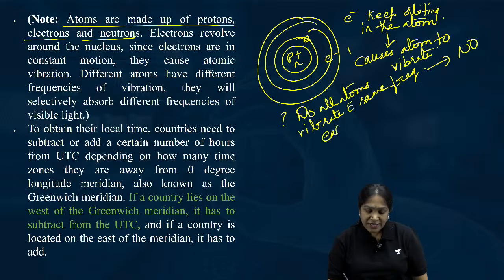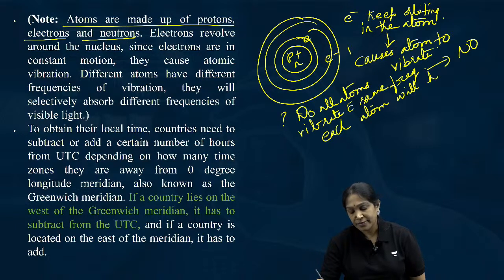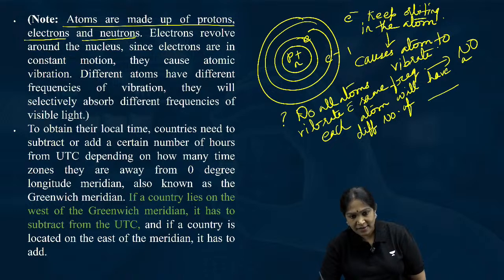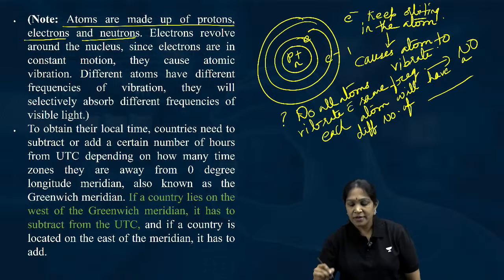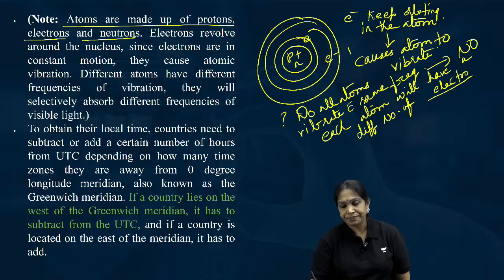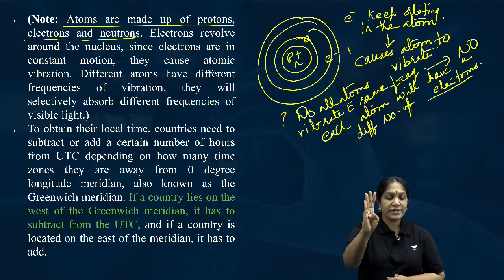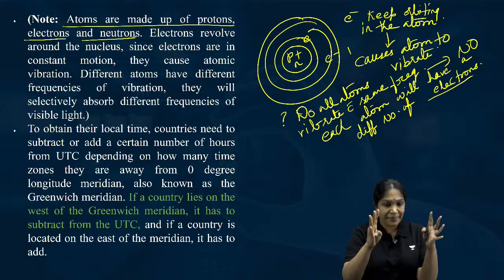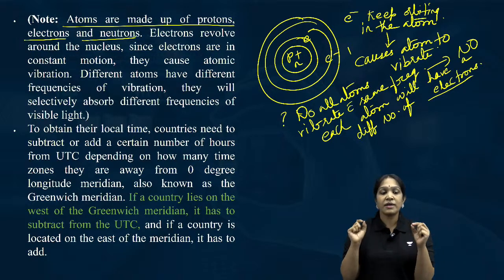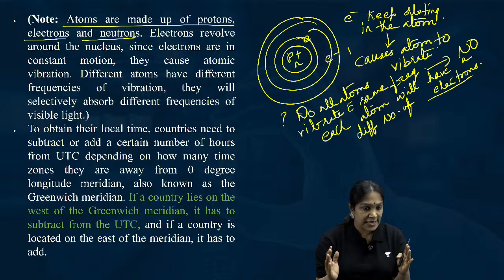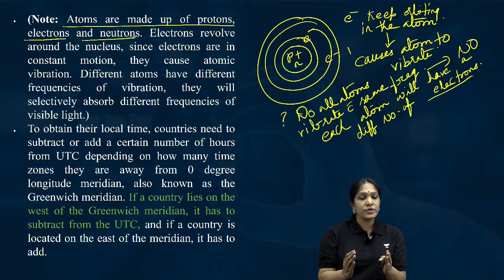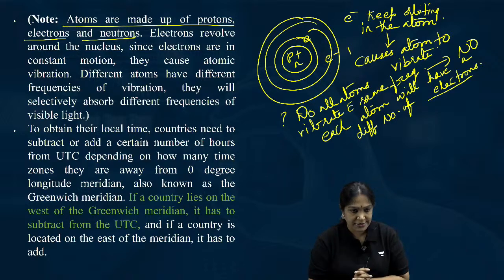Because each atom will have a different number of electrons. I repeat, the movement of the electrons around the nucleus will cause the atom to vibrate, and each atom vibrates at a different frequency because in different atoms you have a different number of electrons.